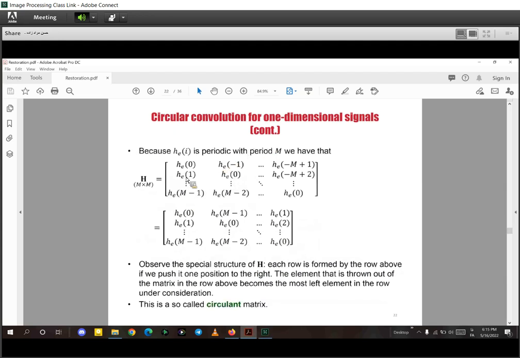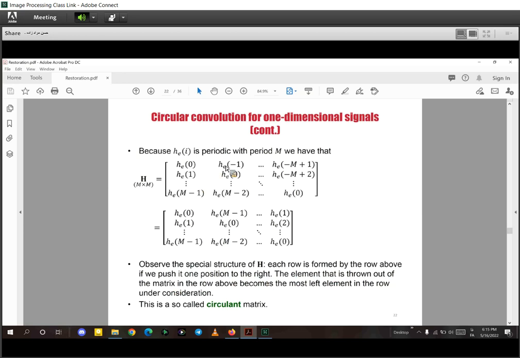Continue. One-dimensional synchronous convolution. Because h extended is periodic with period M, we have H again as h0, h minus 1, h1, h0, h minus 1, and so on. The structure is formed by the row above it if we push one position to the right.